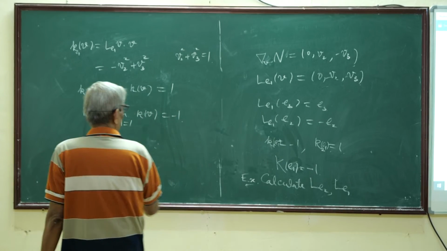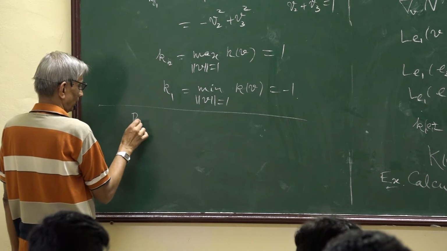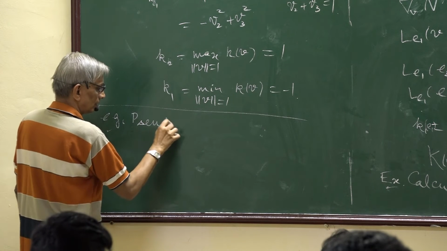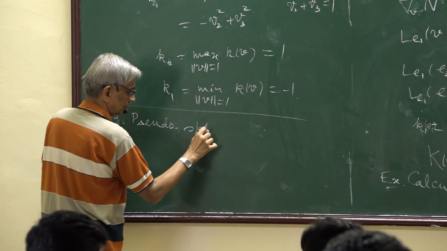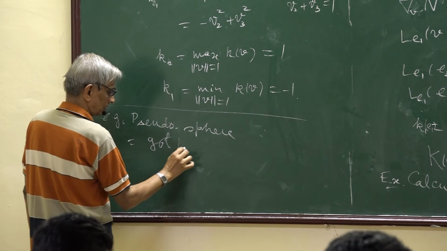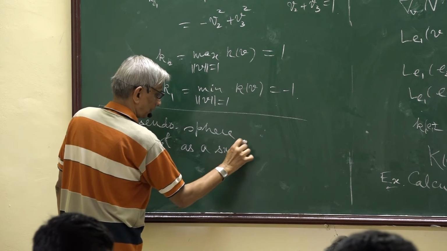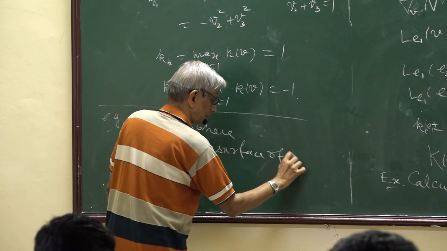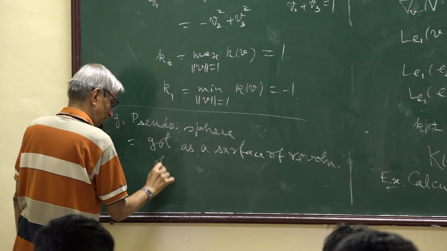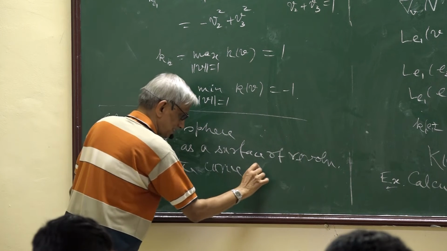So the pseudosphere is got as a surface of revolution of the curve known as the tractrix.